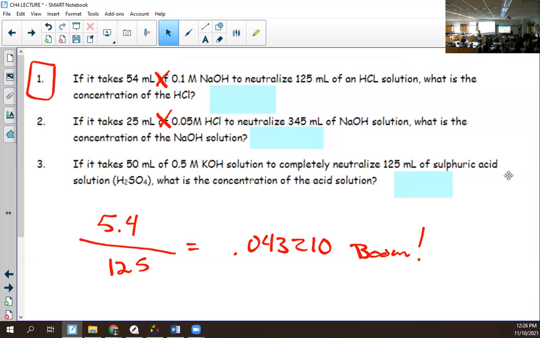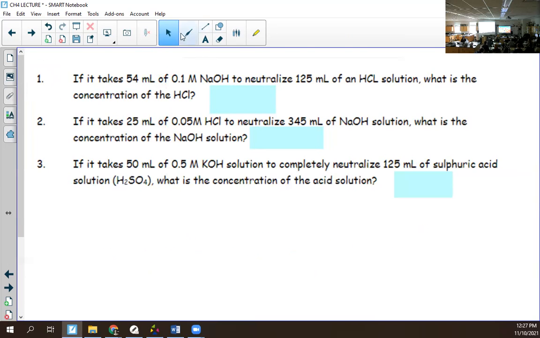You can do that, or divide your answer by 2. Either one works because it's the same math-wise. Okay, number 2, did we get something like 0.004?